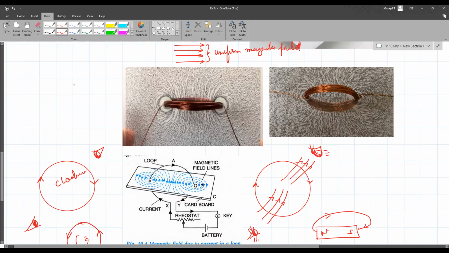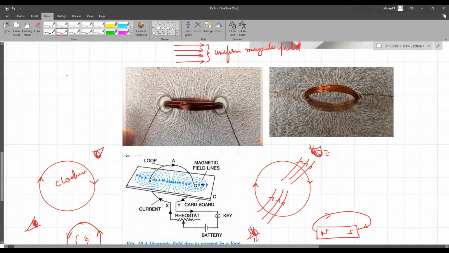Normal means perpendicular. So if you see, this is the loop, and these lines are perpendicular to the loop. If you take the loop as something like this, then the field lines which are entering and exiting are perpendicular.